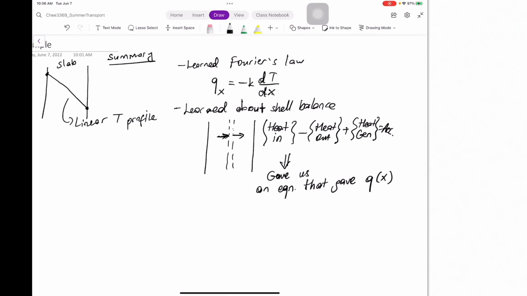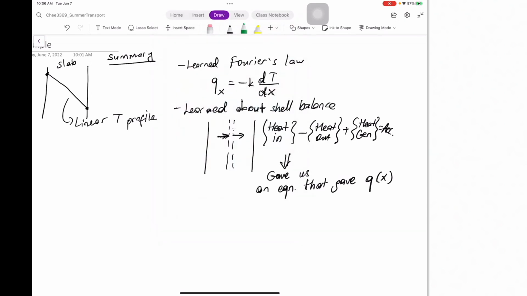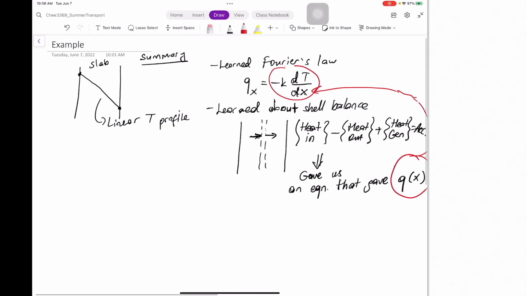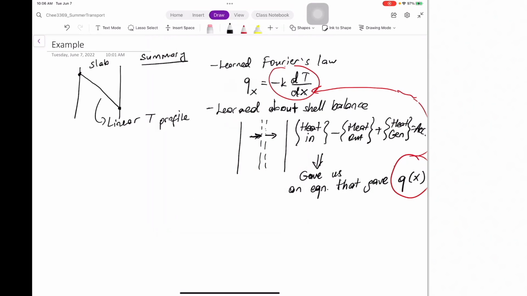For this particular example, we found it to be constant. And then we actually used Fourier's law on top of that, because once you have this Qx, since you know the relation between the Q and the T, then you can get the relation between the T and the X. That's how we did. And we found the relation between the temperature and the position. So we found basically the temperature profile.